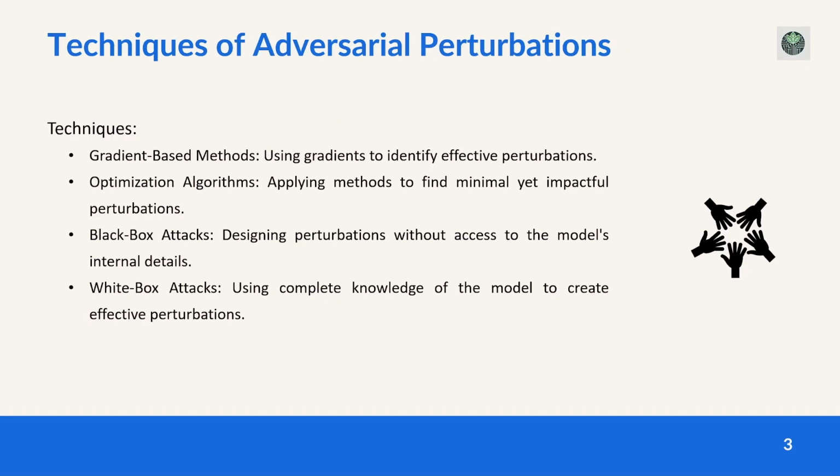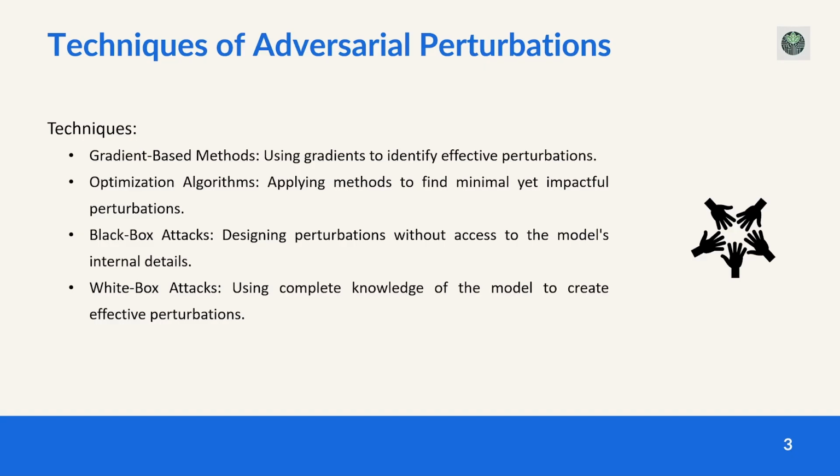So let's go into some of the techniques that attackers will use when trying to employ AP. One common approach is gradient-based methods. This is where the gradients are analyzed to find the most effective way to fool the model. Optimization algorithms are also used to craft minimal perturbations that cause misclassification without raising alarms.